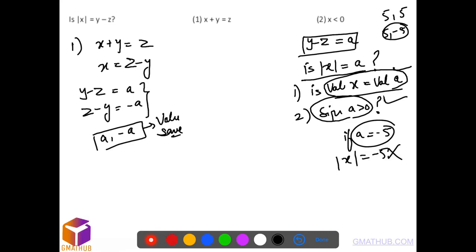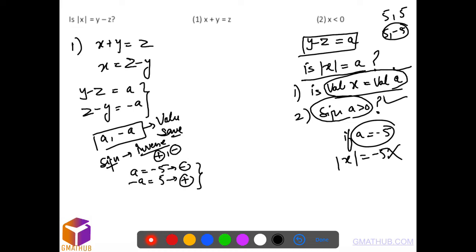But in terms of sign, they are opposite of each other. So one of them is positive, another could be negative. For example, a could be minus 5, so minus a would be 5. So they'll have opposite signs. Which one has what sign, I don't know.